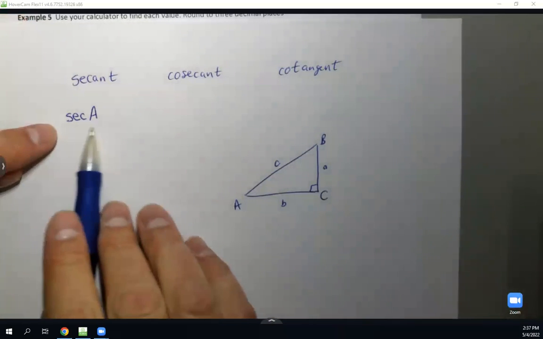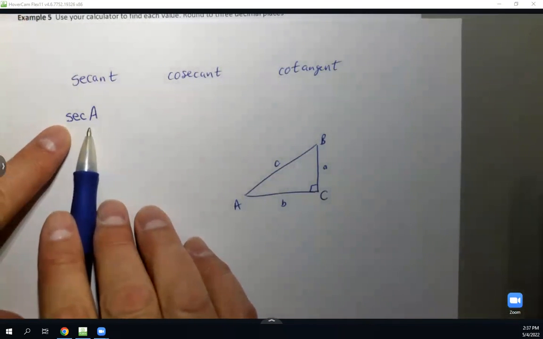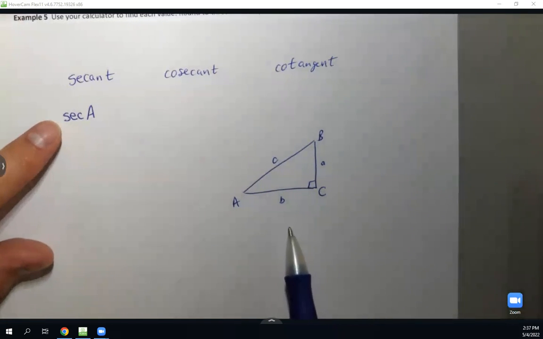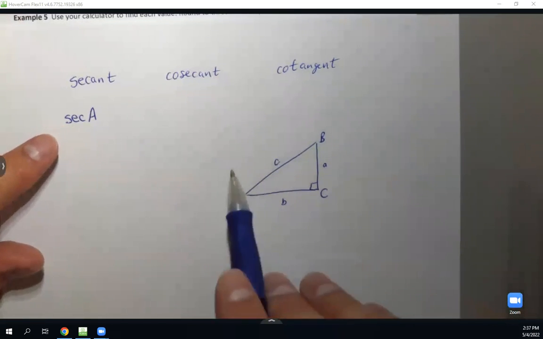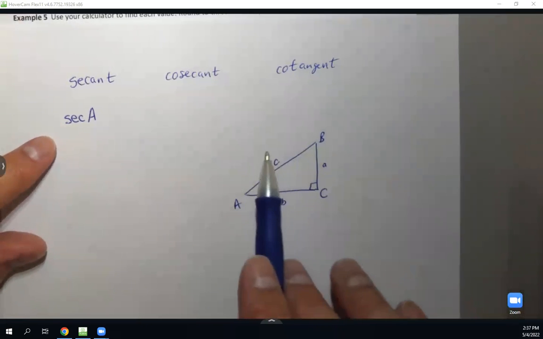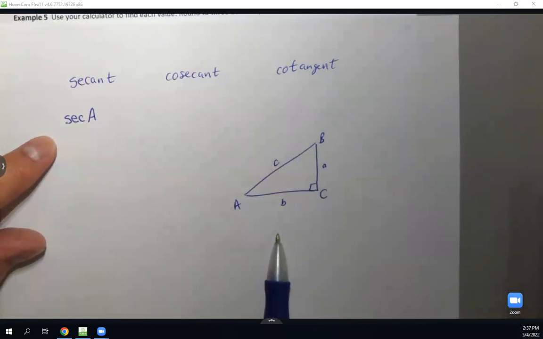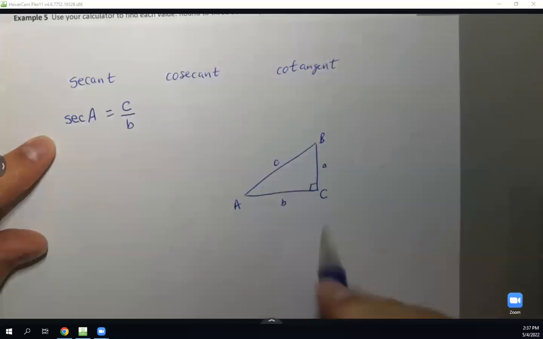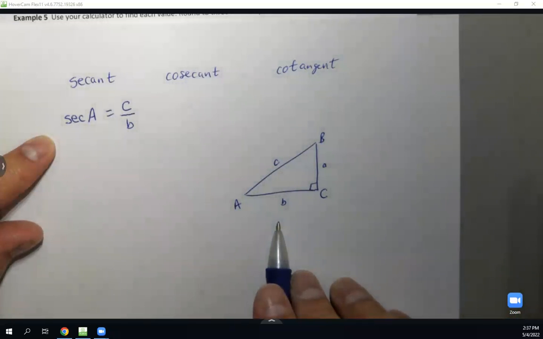So this would be the secant of A. And like cosine is adjacent over hypotenuse, secant is hypotenuse over adjacent. So it would be the hypotenuse C over the adjacent B. Does that make sense? Okay.